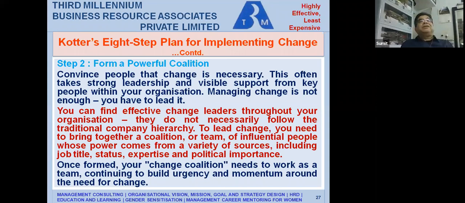They are very sharp, intelligent people, but they have a knack of communicating in simple words so that everybody down the line is one and bound by that vision. So that is why it says managing change is not enough. You have to lead the change, and nothing better than by doing it, right?